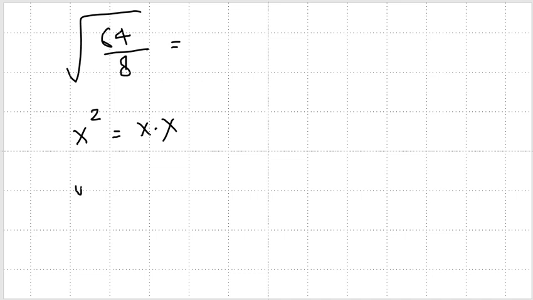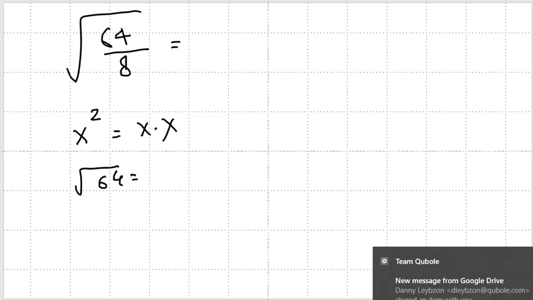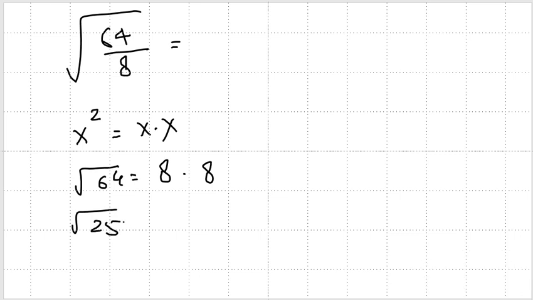When I say square root of some number, let's say square root of 64, it means I'm looking for a number which multiplied by itself will give you 64. The square root of 25 is equal to 5, right? So square root of 64 over 8, you can simply do the division. It's simply square root of 8, right?